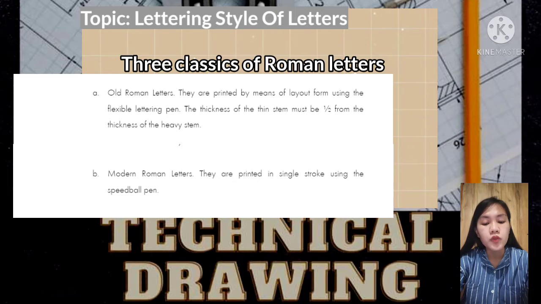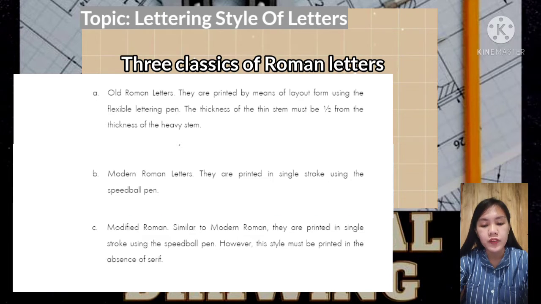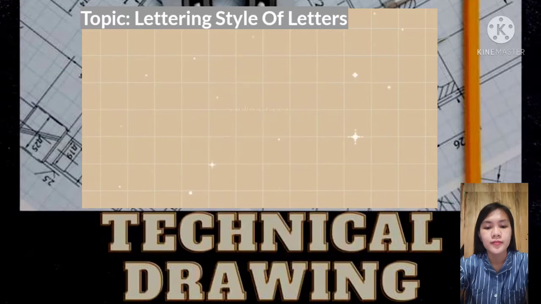Second, Modern Roman letters. They are printed in a single stroke using the speedball pen. Modified Roman is similar to Modern Roman, printed in a single stroke using the speedball pen. However, this style must be printed in the absence of serif.